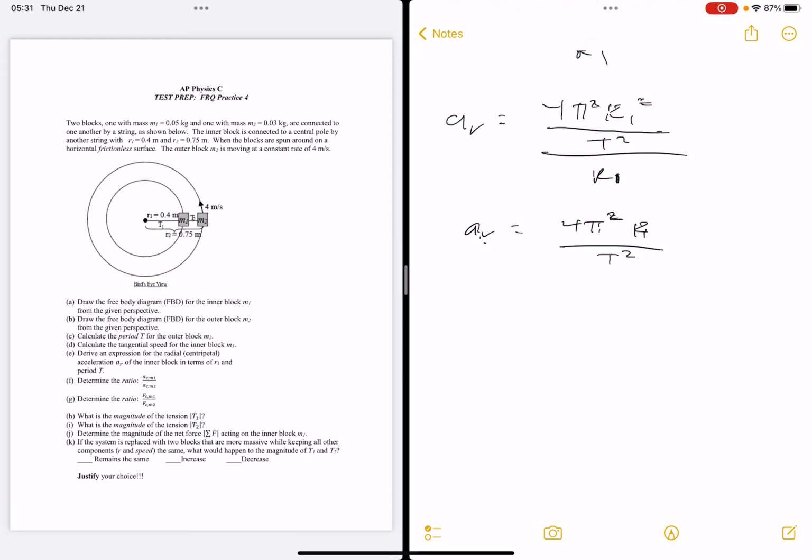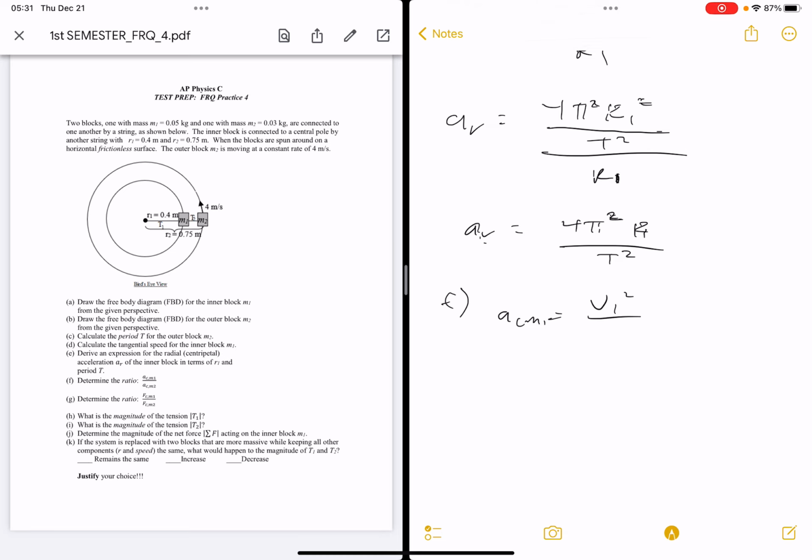Next is F. So we want the ratio. So first we can just solve for ACM1. And we know that's just equal to V1 squared over R1.